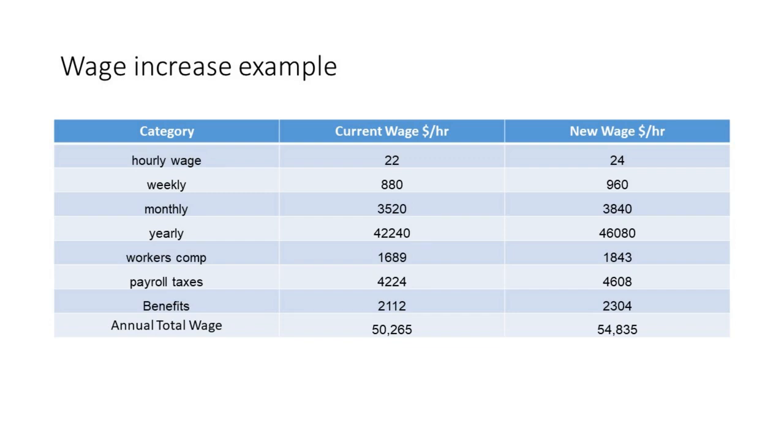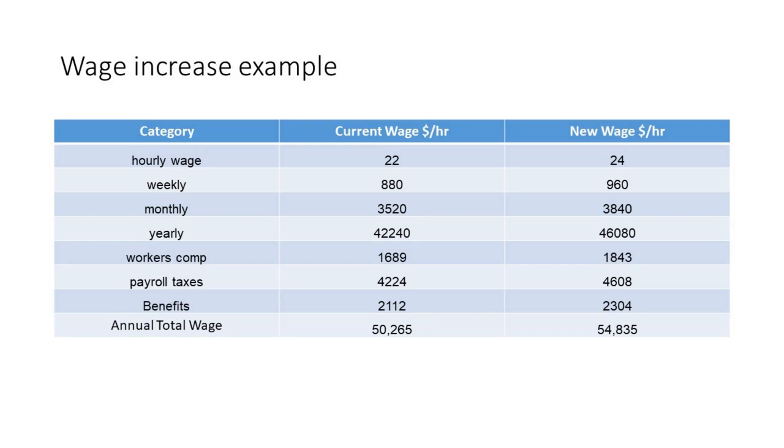$50,265. Now, the proposal here is to increase the employee's wage by $2 an hour to $24 per hour. And so again, we calculate the weekly, monthly, and yearly wage based on that new figure. And we also go through and include the impact from workers' compensation, payroll taxes, and benefits to come up with a new annual compensation or wage of $54,835.